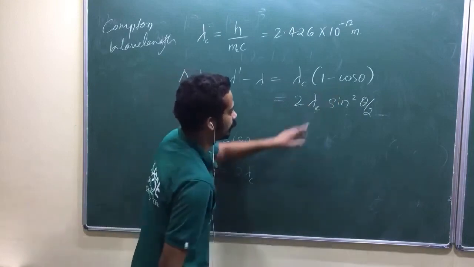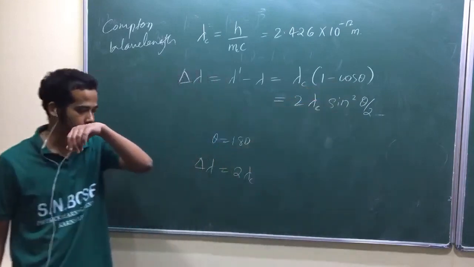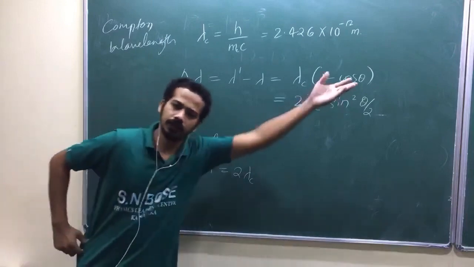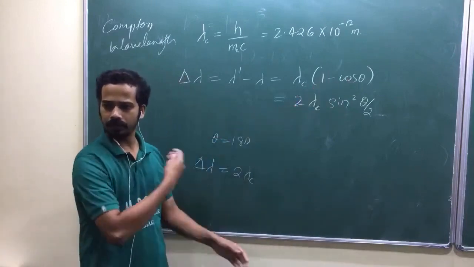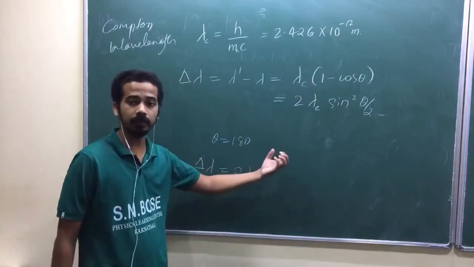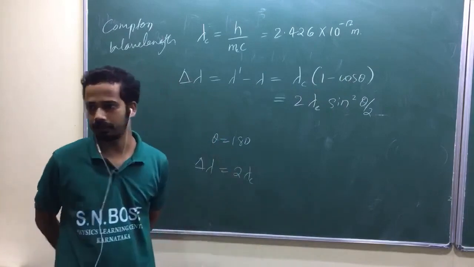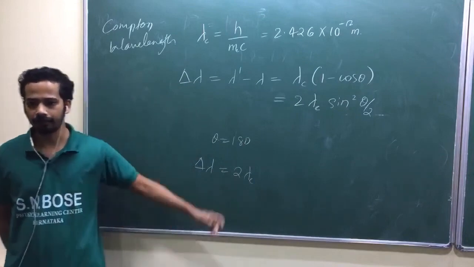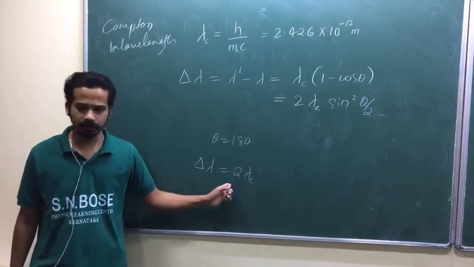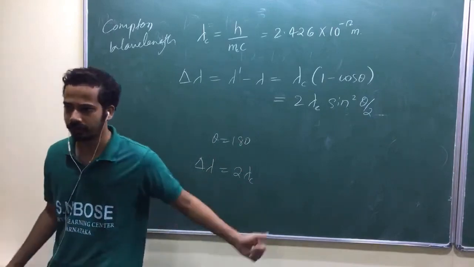Cos 180 degrees is minus 1, 1 minus of minus 1 is plus 2, isn't it? In that situation, definitely the electron should recoil in the forward direction. It will not recoil in the backward direction. The photon can rebound in the backward direction. That will happen actually. As I remember, they designed some questions in the GATE exam. I'll provide those questions, okay?